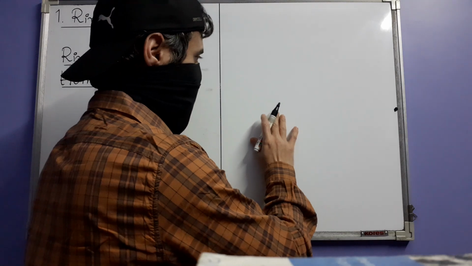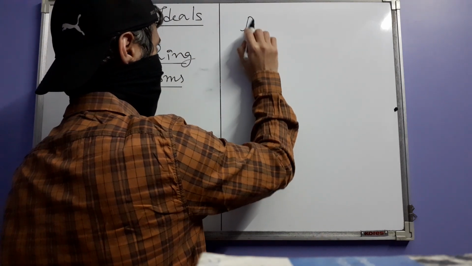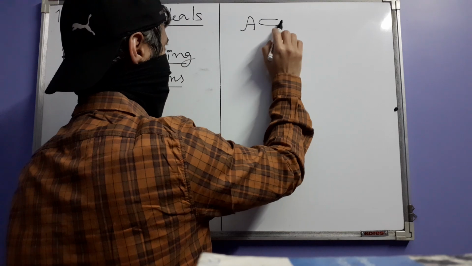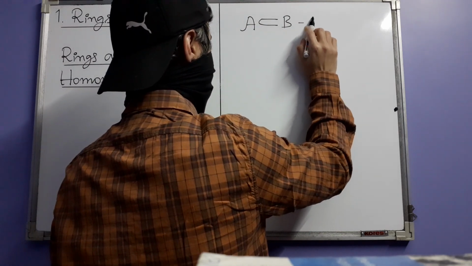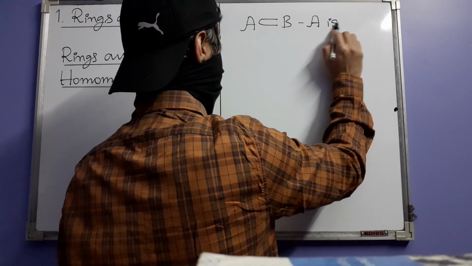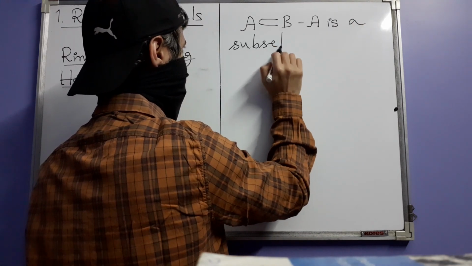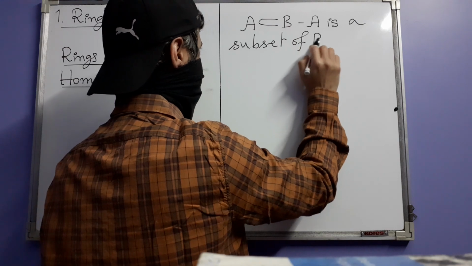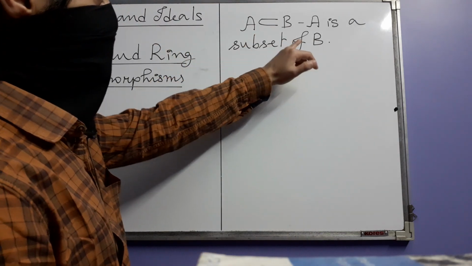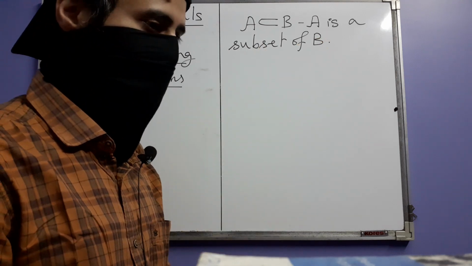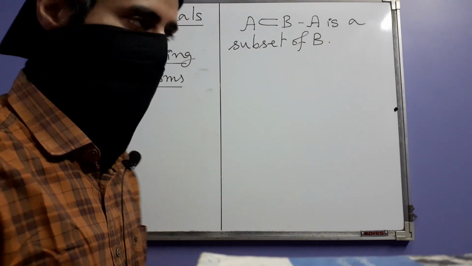If you have followed Herstein's Topics in Algebra, there we write like this to mean that A is a subset of B. That means this notation means the subset relation between sets in Herstein's Topics in Algebra.